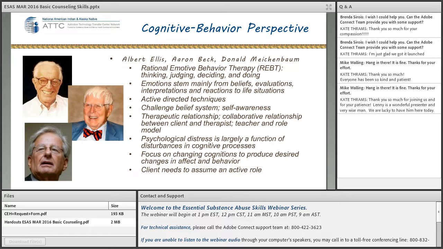So we're going to talk about the cognitive behavior perspective, which includes Albert Ellis, Aaron Beck, and Donald Meichenbaum. You have to excuse me, I have a hard time pronouncing that last name. Cognitive behavioral therapy is one of the few forms of psychotherapy that has been scientifically tested and found to be effective in hundreds of clinical trials for many different disorders.